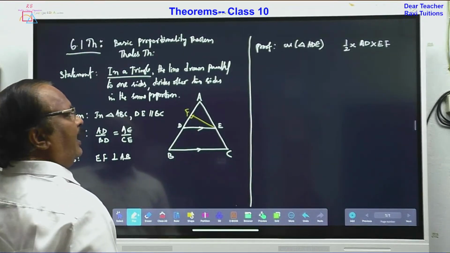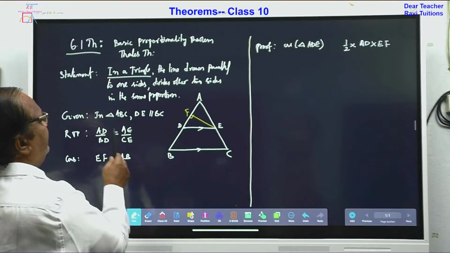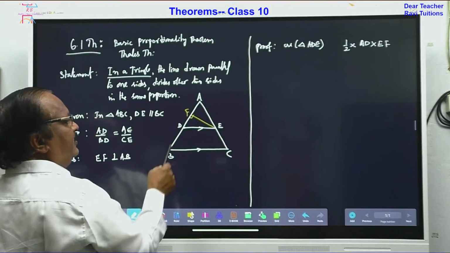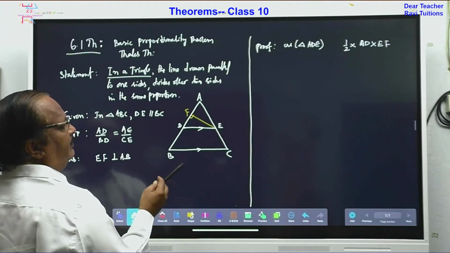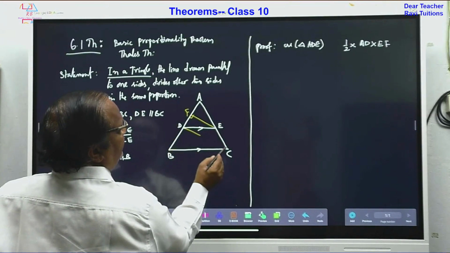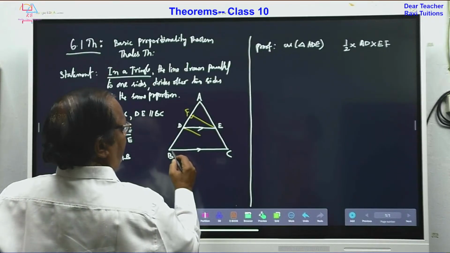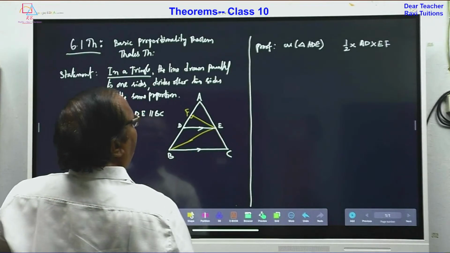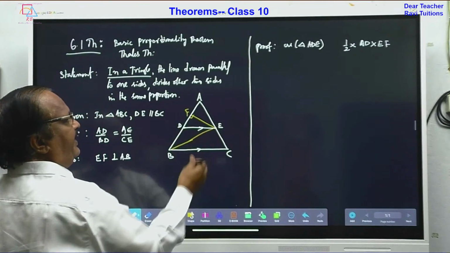Now I will take one more triangle because we have got AD, we want BD also. So I will join this, and now we have a triangle BDE also.